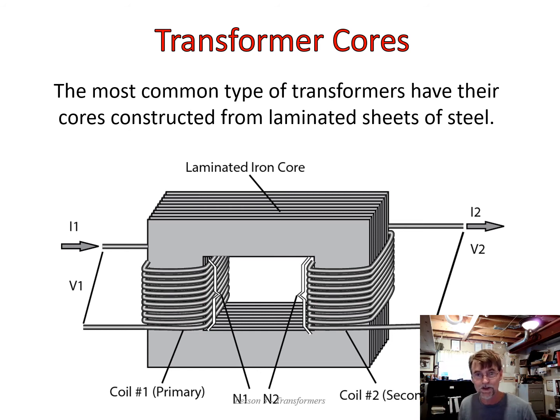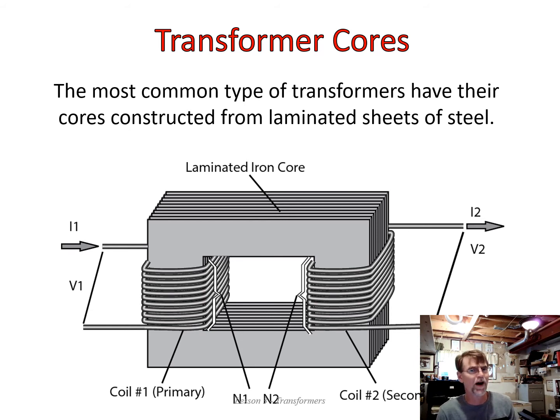That leakage is a form of loss. That's a lack of efficiency in the transformer. Those are lines of flux that are just wandering off into space and not influencing the secondary coil. So that's why we want an iron core, some kind of sheet of steel, something highly permeable.